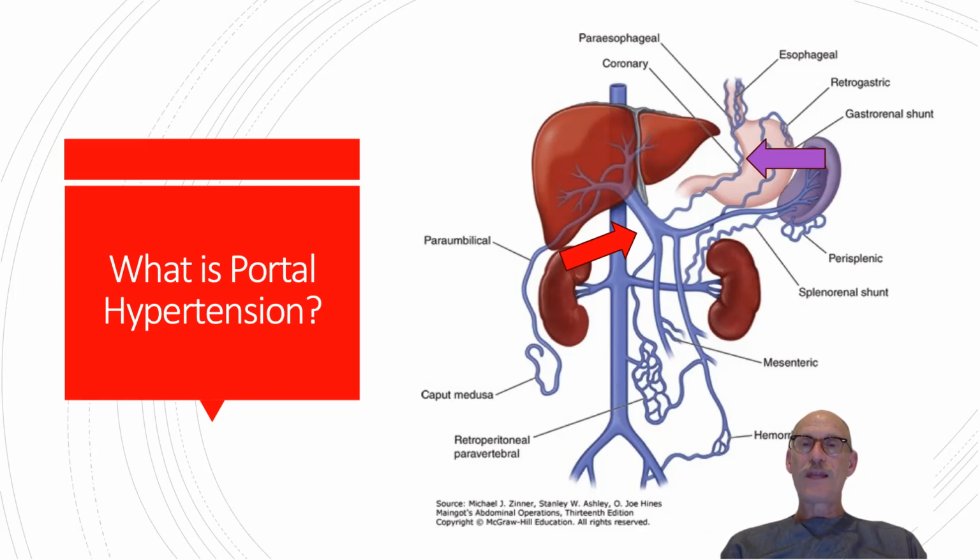In any event, when that flow increases in the coronary vein, again, that's the vein pointed out by the purple arrow, it increases the flow into the esophageal veins and they become engorged and turn into esophageal varices. When the pressure in those varices is high enough, you can bleed.